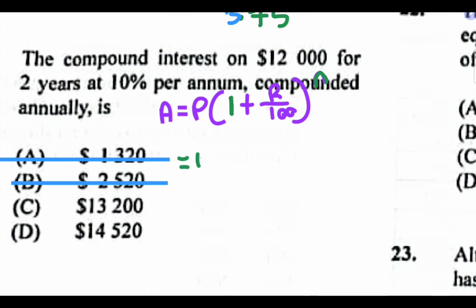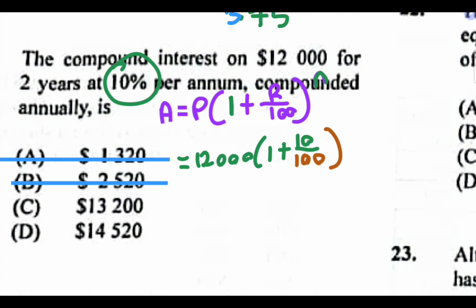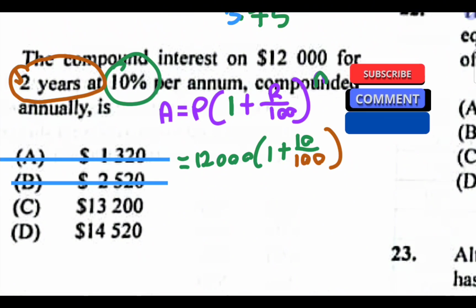So the principal is 12,000, open bracket, 1 plus the rate. Rate is given as a percentage, so that's 10%, which refers to the rate. And as you know, a percent is always out of 100, raised to what? The N or T refers to the number of years. In this case, it's 2.